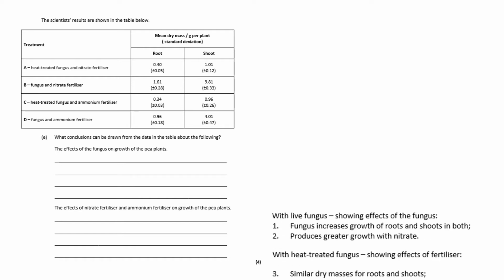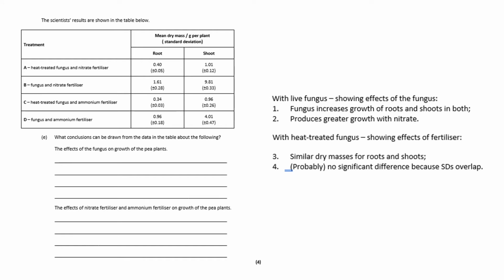If we put up the mark scheme here, the first thing they've looked for is the effect of the fungus on the growth of the pea plant. So what you have to do is identify which data you are looking at in this table. If you're looking at the effects of the fungus, you need to compare the heat-treated fungus with the live fungus, and you have to do that for both treatments with the fertilizer.